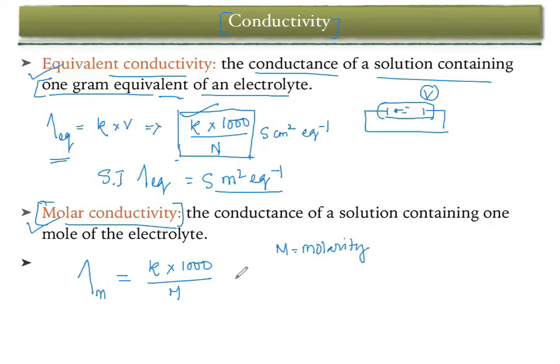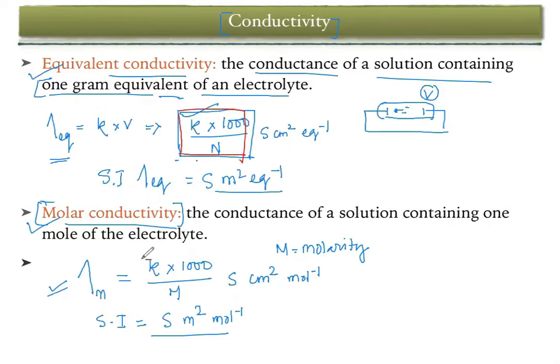And the unit we can use is Siemens centimeter square per mole. The SI unit is Siemens meter square per mole. In the exam, they will give you the molarity and we have to find the molar conductivity. So these two formulas are very important, and we have to remember them.